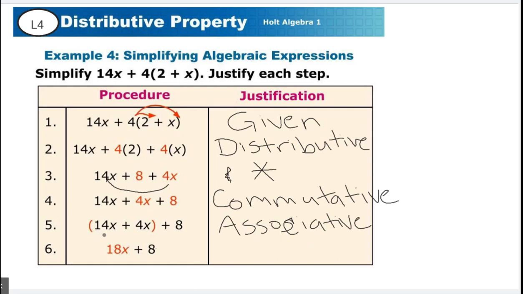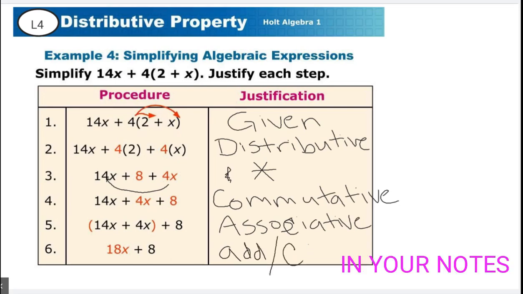And lastly, they added those together. Or when we have variables, we call it combine like terms. Okay? I would definitely want this screen in your notes, and hopefully I'll be able to edit the video and put that note on the bottom.